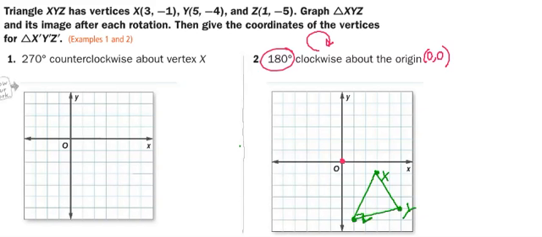So if you notice, x is really close. It's one space away from this spot on the x-axis. That point is located at 3, 0. If we were to rotate this point 180 degrees clockwise, it would rotate right here to the point -3, 0.